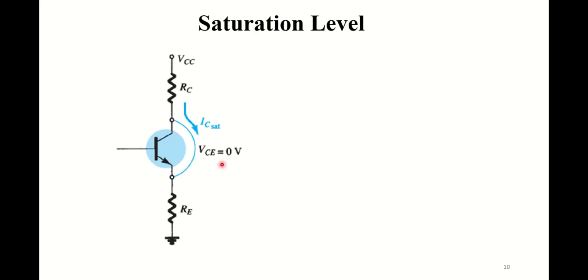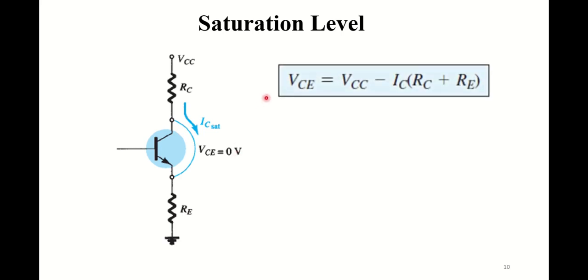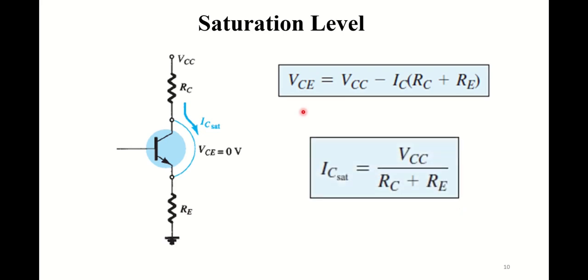That is, VCE is equal to 0. Now put this value of VCE equal to 0 in the output loop equation of emitter bias configuration as shown in this slide. This gives the equation to find IC saturation or saturation current, that is equal to VCC over RC plus RE.